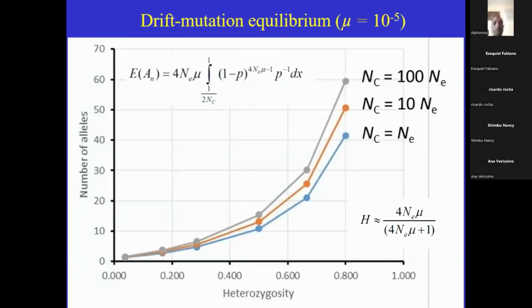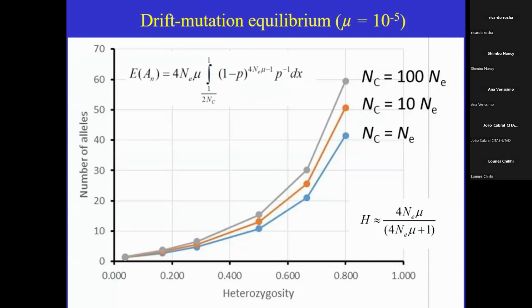And this is just a graph showing that. So the x-axis is heterozygosity. This is with a mutation rate of 10 to the minus 5. And the y-axis is the number of alleles that are present. And the big thing to see here is that the number of alleles is both a function of NC and NE.